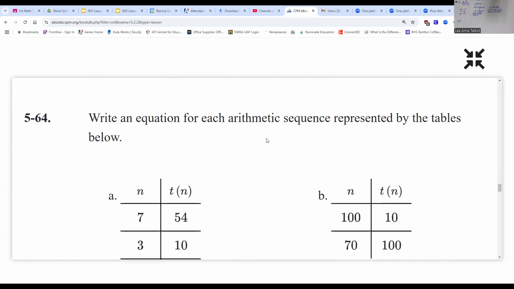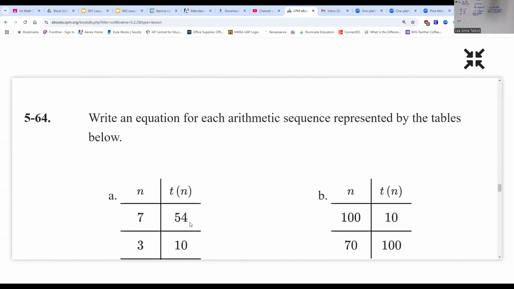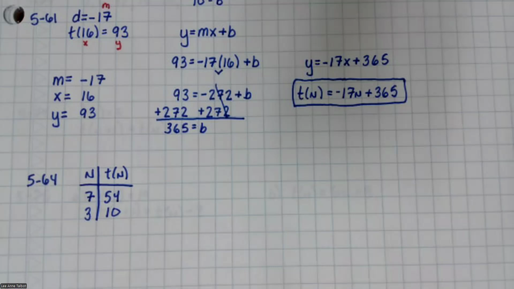Now don't do the whole thing. Just write this little bit of this table. So n, t of n, and just do the 3, 7, and 3, 54, and 10.